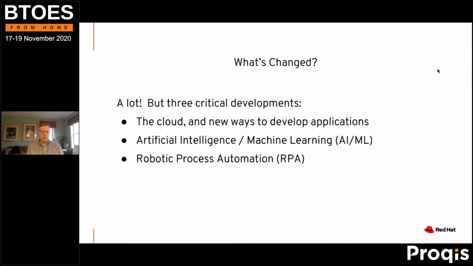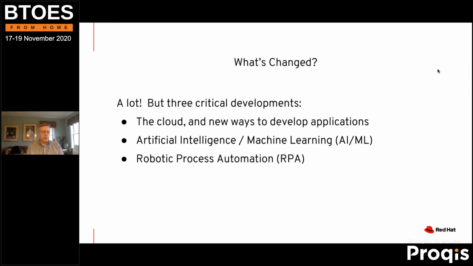So I think the short answer is a lot, right? A lot has changed. There are many new technologies that are starting to impact this area of business automation. But in the 35 minutes that I have, I picked 3 that I think are perhaps the most significant. So the cloud, first of all, cloud computing has had a profound impact on business process management technology. We'll talk about exactly what that is.